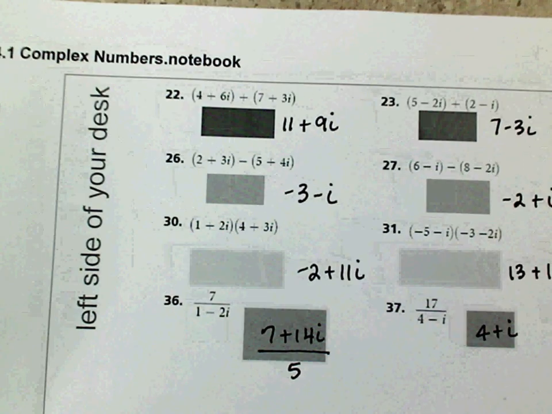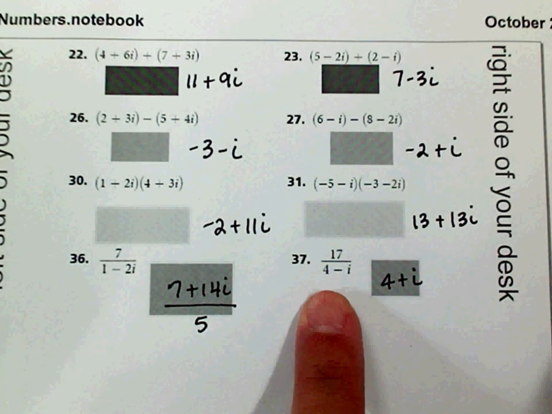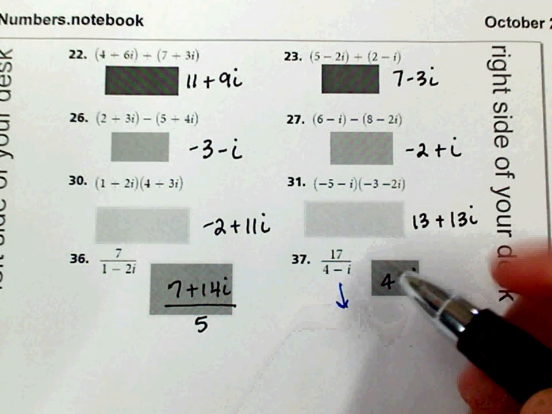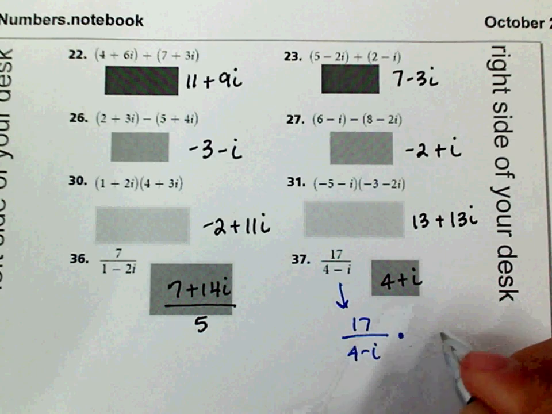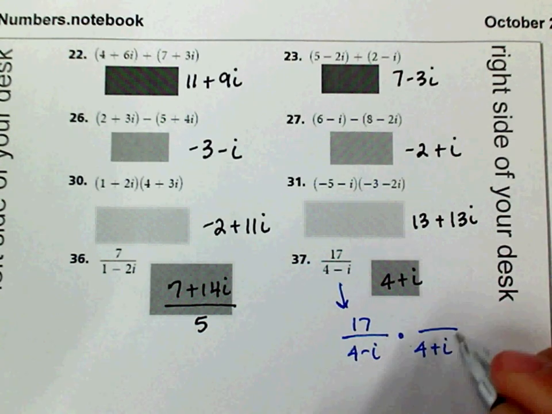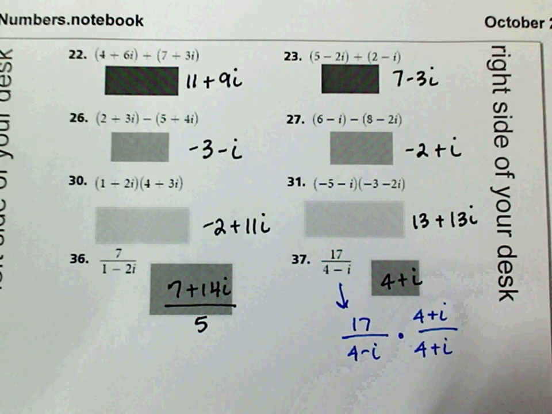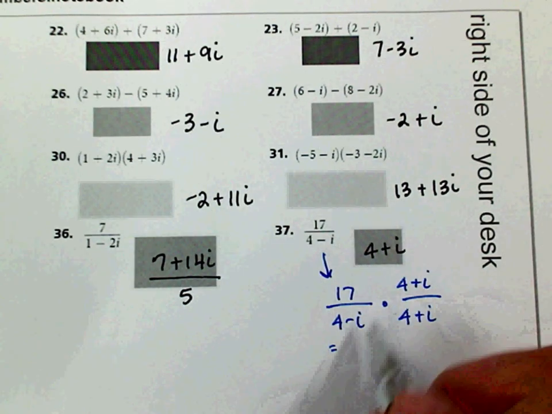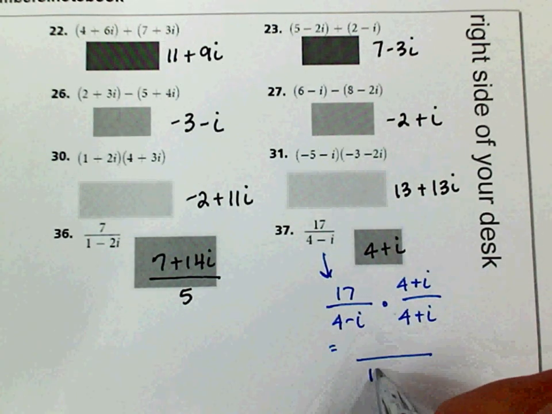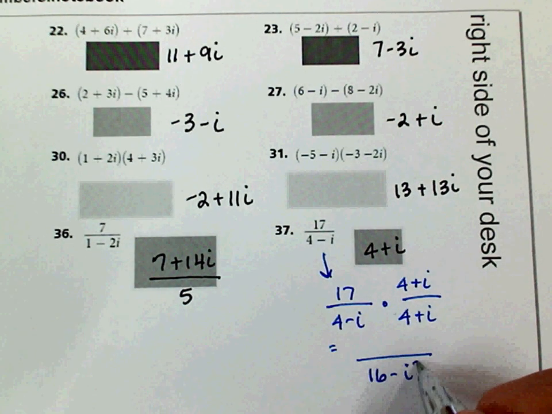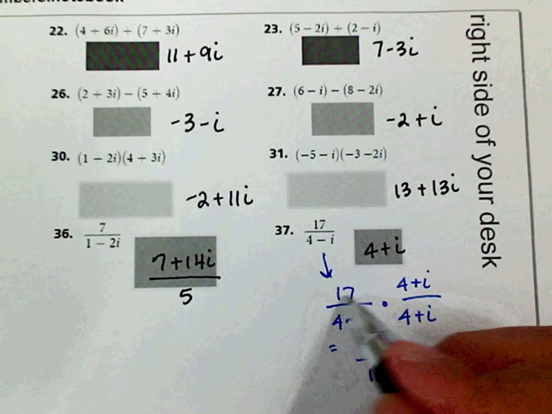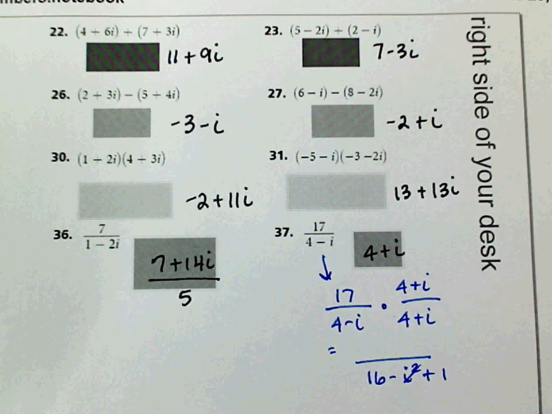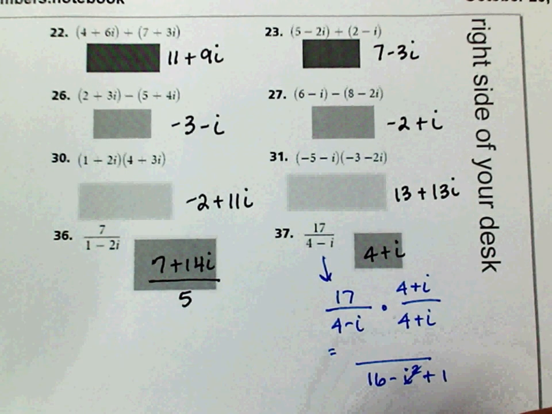I want to check this problem real quick. For some reason, I don't feel that's right. So 17, 4 minus i, your conjugate would be 4 plus i. Okay? Distribute. This will be 16 minus i squared, which becomes a positive 1, which gives you 17. 17 times 4 is 68. Is that right? Yeah.